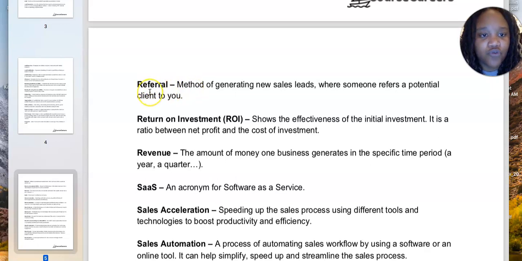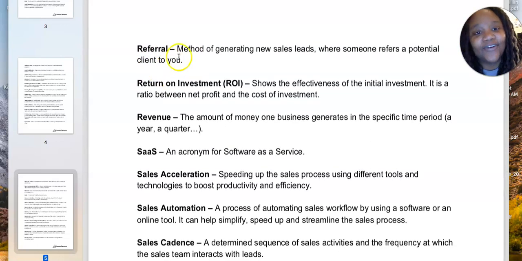Okay, referrals or referral. A referral is a method of generating new leads from someone that refers a potential client to you. So don't sleep on the referrals, guys, because I like to think behind every prospect or every deal close is a referral.